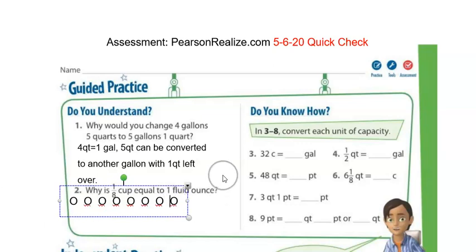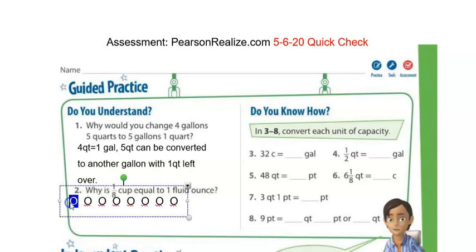Each of these represents 1 fluid ounce, and all 8 together equal 1 cup. So 1 out of 8 is the same as 1 fluid ounce.